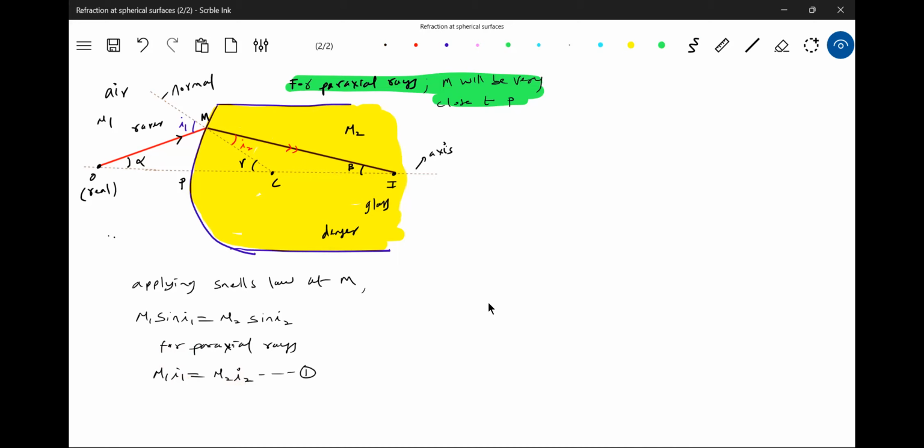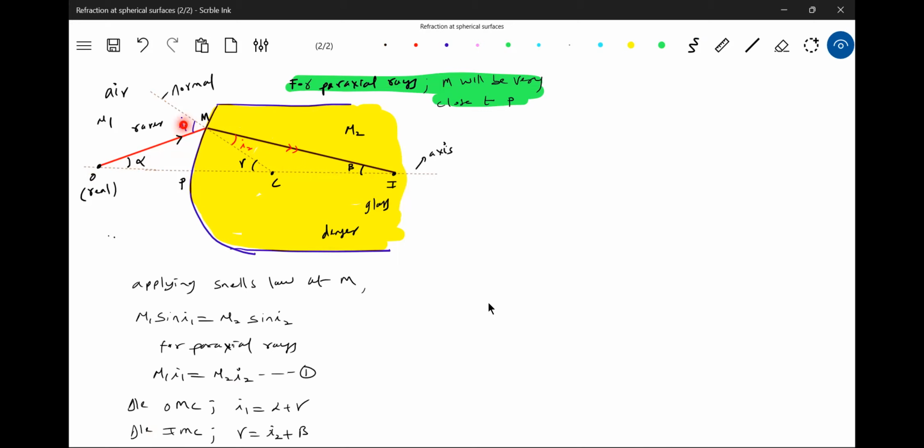Now look at the triangle. From the triangle OMC, we can write I1 equals alpha plus gamma. From the triangle CMI, we can write gamma equals I2 plus beta. Look at triangle OMC: the sum of the interior angles equals the exterior angle.